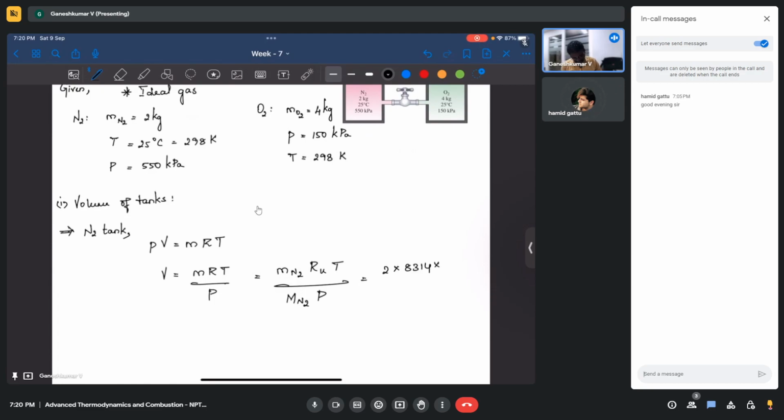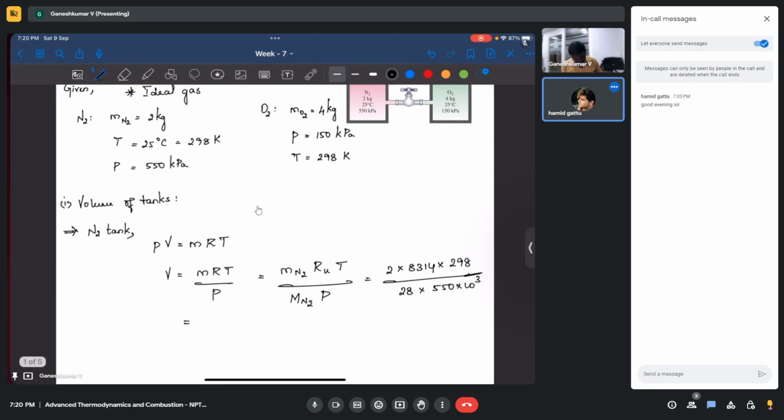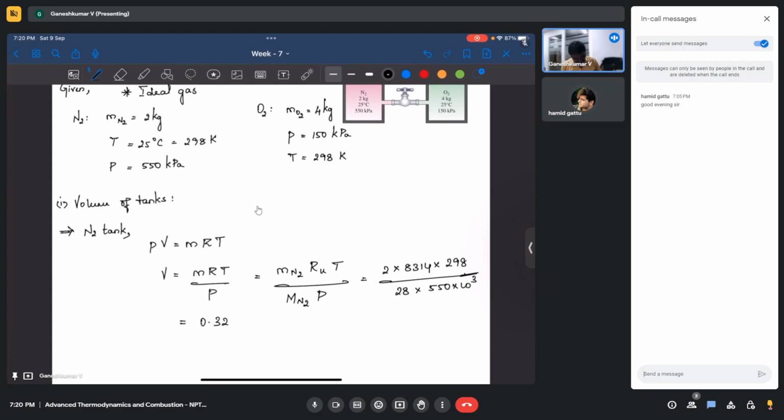Yes, sir. 8314 times 298, the weight of N2 is 28, I guess, into 550 into 10 power 3. Sir, I am getting 0.322 meter cube.